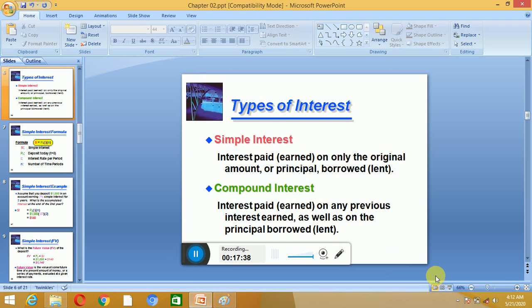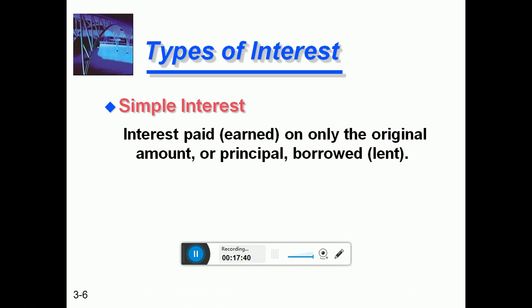So see here, interest paid or earned. The person who is borrowing money is paying interest, and the person who is lending money is receiving, earning interest on only the original amount. That is, the original amount or principal amount, these are the same, borrowed or lent. One person is borrowing, the other person is lending.